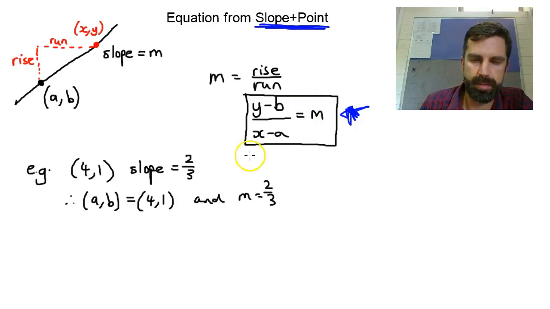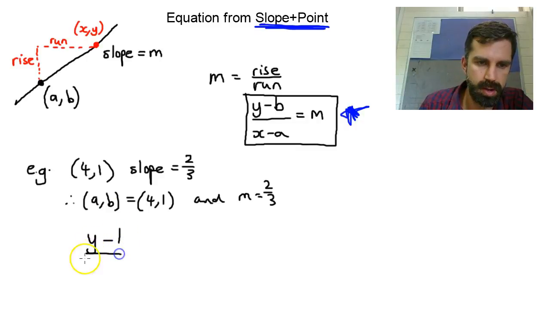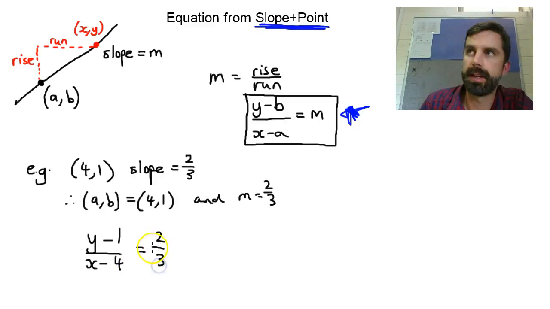Let's go back to our fundamental formula. So y minus b, which is 1, over x minus a, which is 4, equals 2/3. Now, one thing just to be careful of, if one of these was a negative number, this is going to become a positive because you're going to be subtracting a negative number, and that will cancel out and become a positive. All right. So what we do now is a little trick.